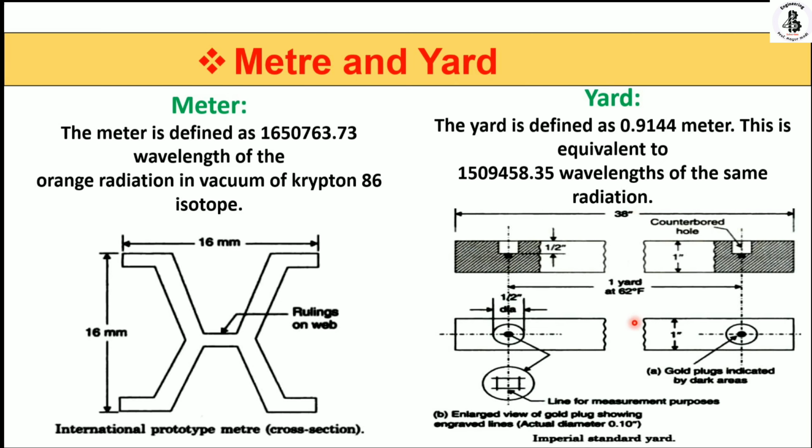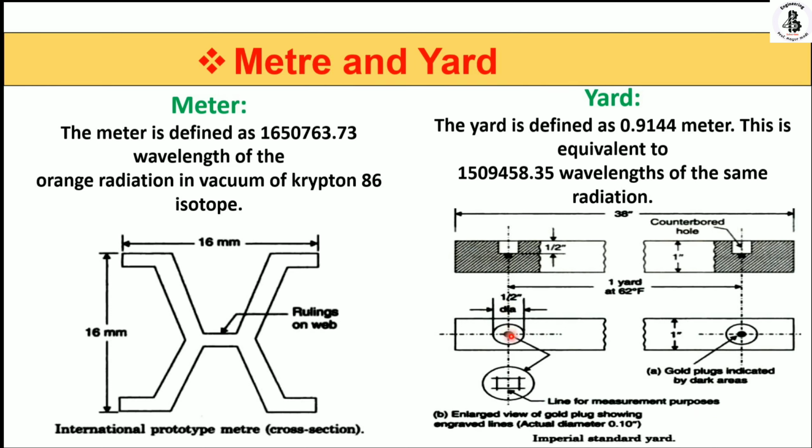And if you observe, that is around 62 Fahrenheit. In the case of the yard standard, a round recess, 1 inch away from the two ends, is cut at both ends, in the central plane. So if you observe, that is our central plane, and at both ends there is a 1/2 inch hole.